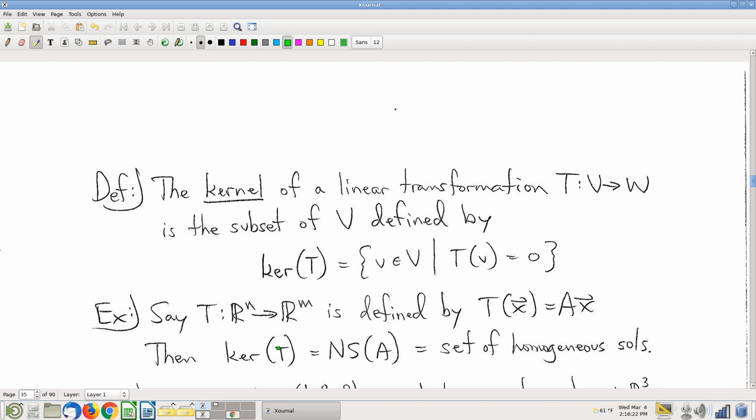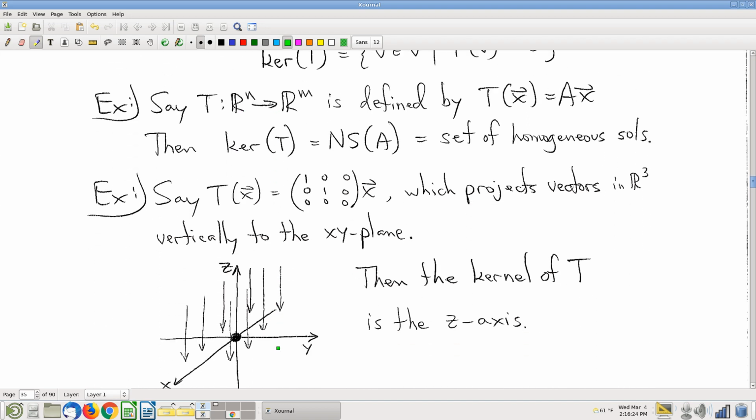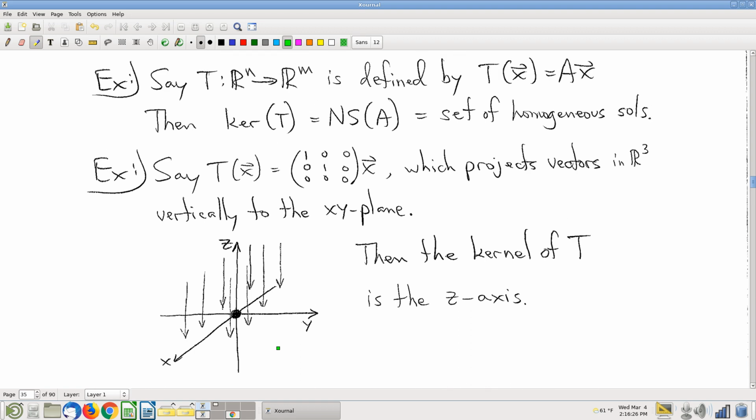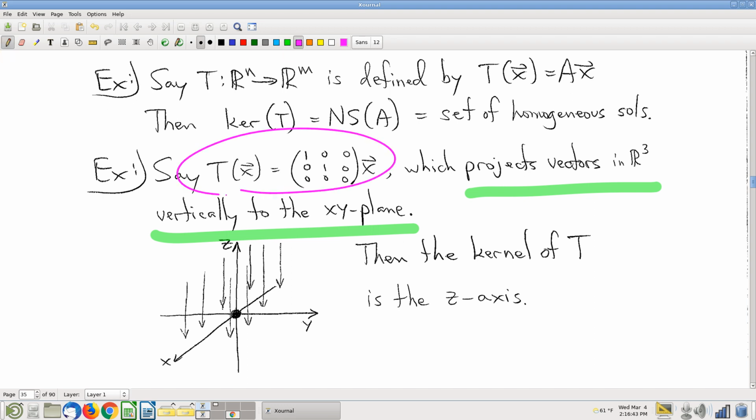Okay. All right. A more explicit example. Let's look at this one. There's an explicit matrix that I'm interpreting as a function. I claim that what this does is it projects vectors in R3 vertically to the xy plane. This is easy to see by just rewriting this formula.